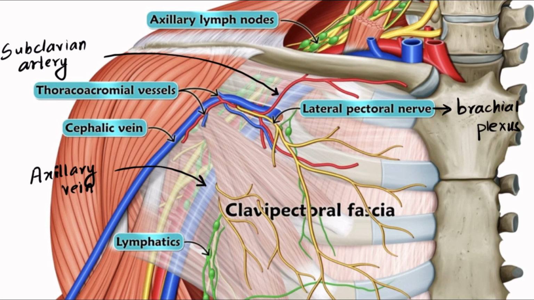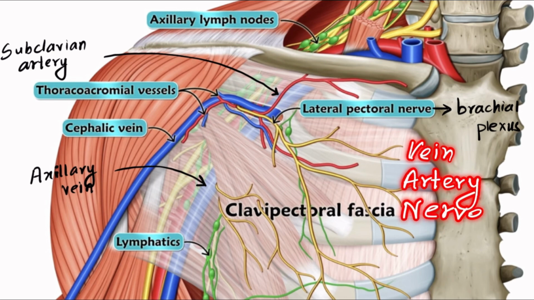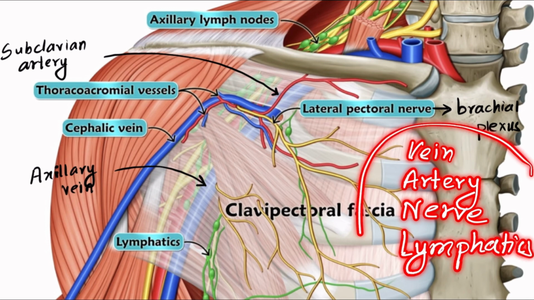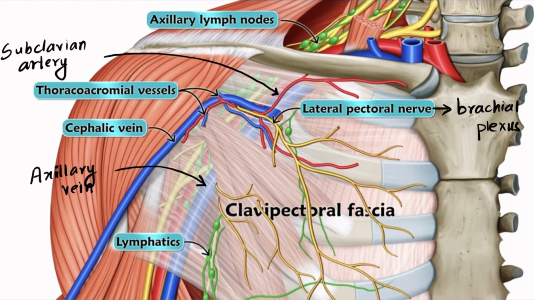Clavipectoral fascia is pierced by the following structures. They are your vein, artery, nerve, and lymphatics. So these four structures pierce through the fascia. There's your cephalic vein that connects with a much larger vein called the axillary vein.